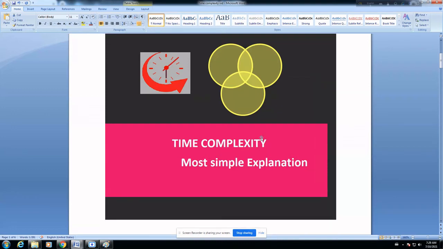My name is Obhijit Dhar and today I am going to discuss a very important topic called time complexity. Now what is time complexity? Time complexity of an algorithm signifies the total amount of time required by the program to run till its completion.